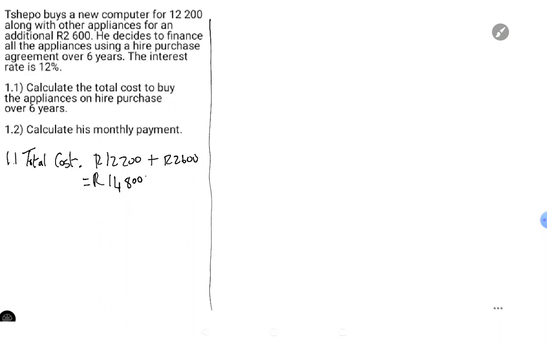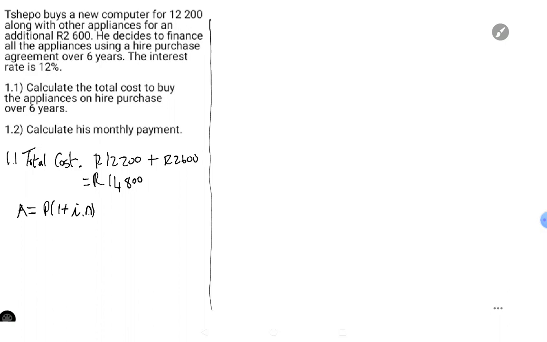So the first thing that we need to do is have our simple interest formula, right? And that formula is P(1 + i × n). Okay, so that is our formula.